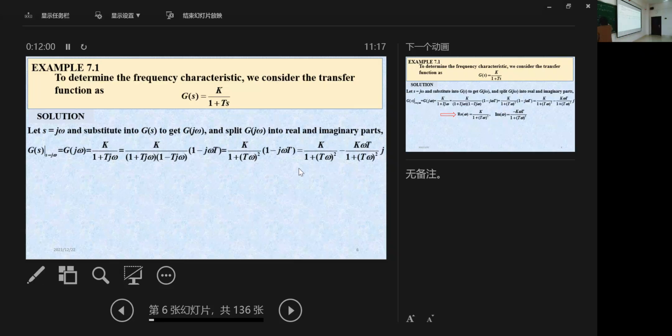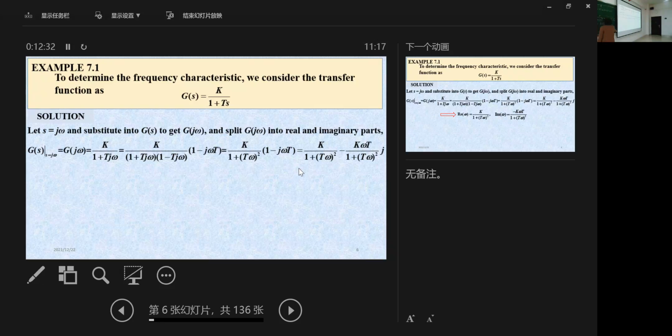Times what? Times 1 minus j omega T, right? So this becomes K times 1 minus j omega T over 1 plus j omega T times 1 minus j omega T. And the denominator is 1 squared minus j omega T squared, right?